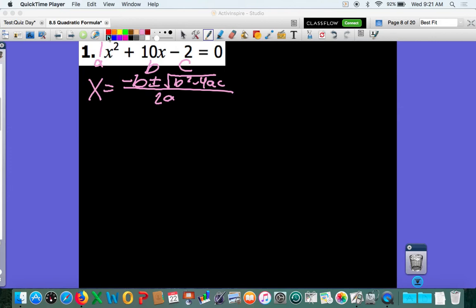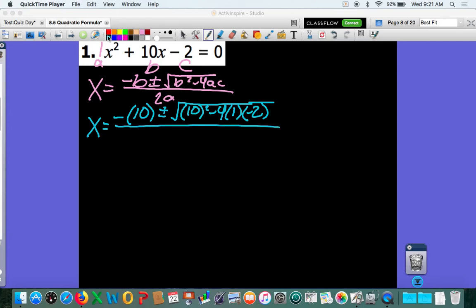All right, let's fill it in. X equals negative, my b value is 10, plus or minus the square root of 10 squared minus 4 times my a, which is 1, and my c, which is -2. All of that is over 2 times 1.